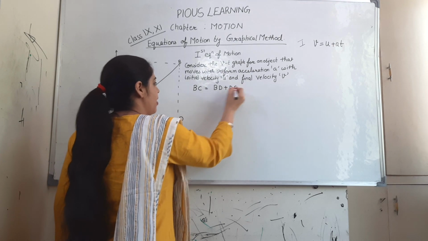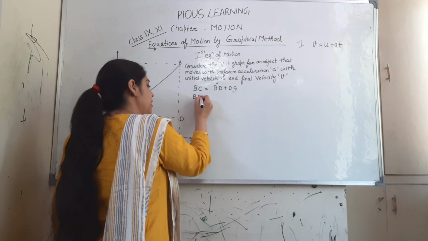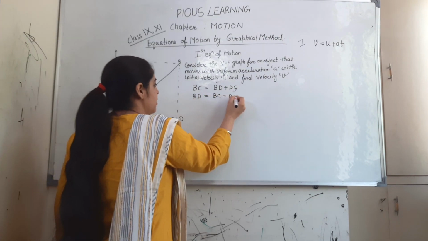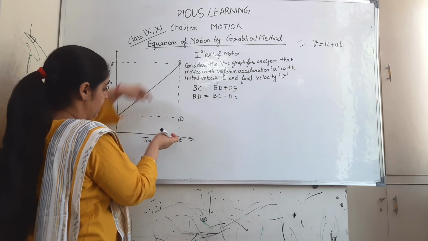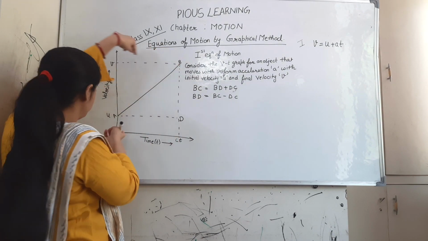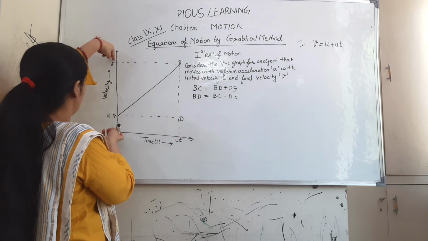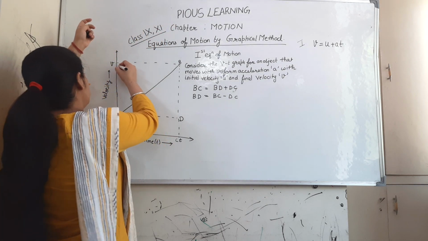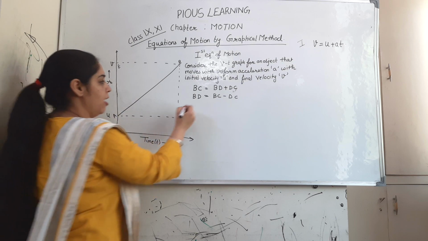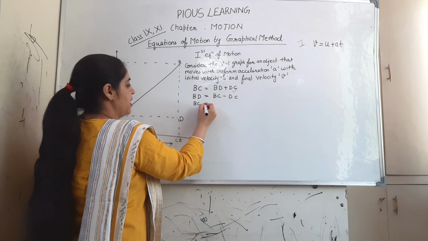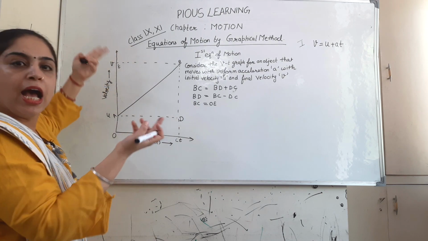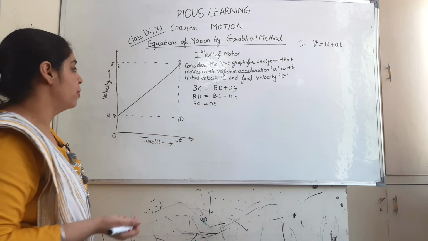From here, if I ask you to calculate BD, then BD will be equal to BC minus DC. What is BC? This BC is nothing but the same as OE. Mark this as point E. Your BC is the same as OE. As you can see, these are two parallel lines and parallel lines have the same magnitude.